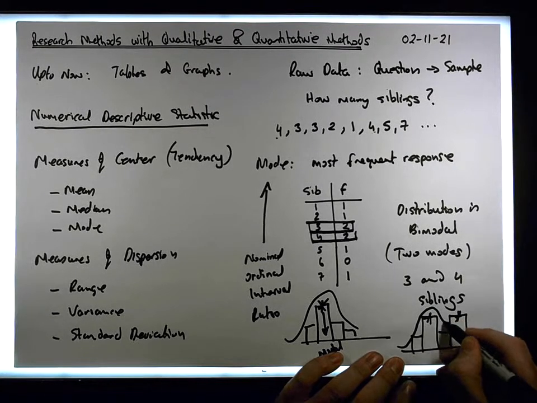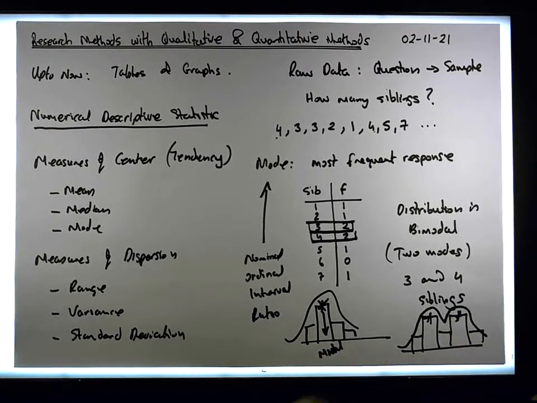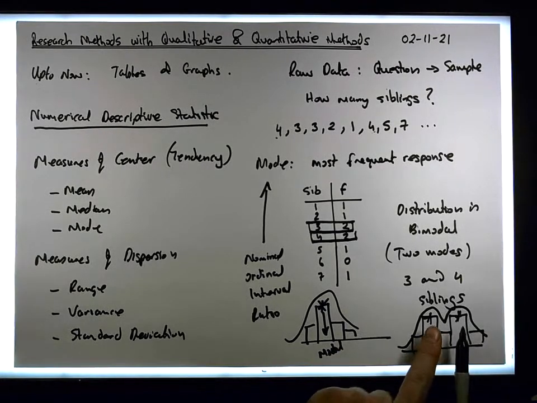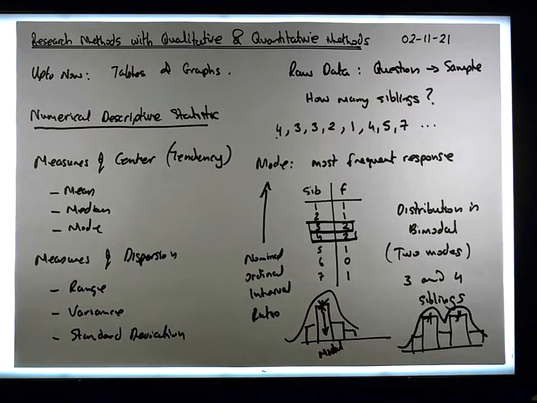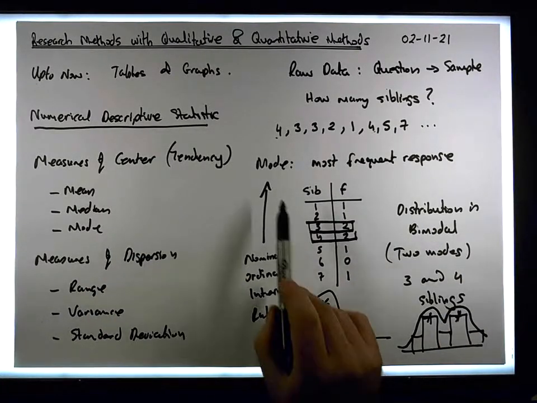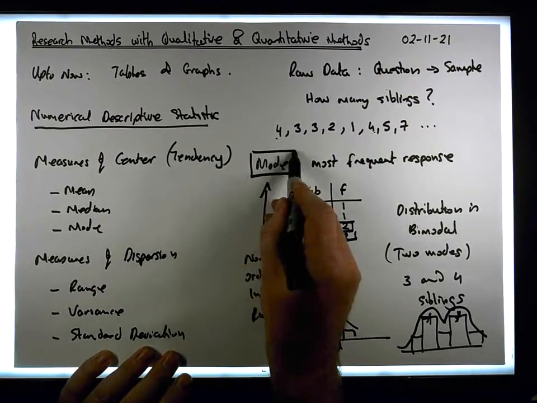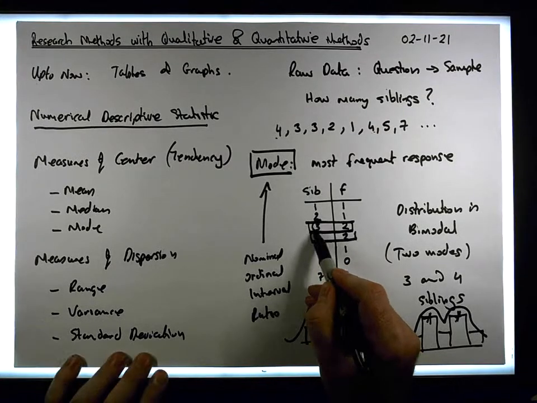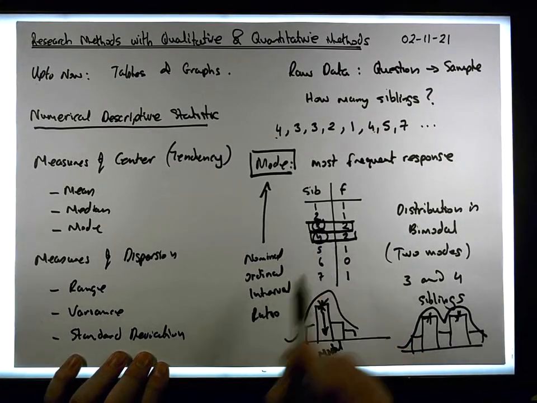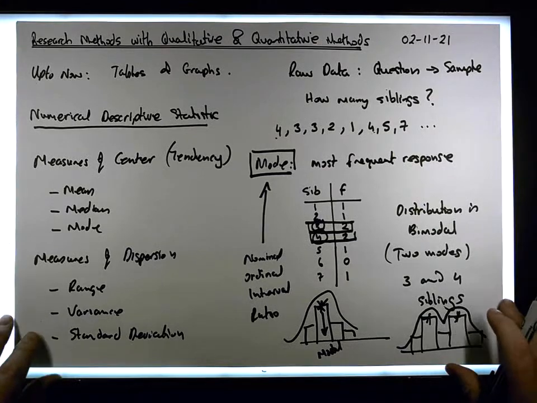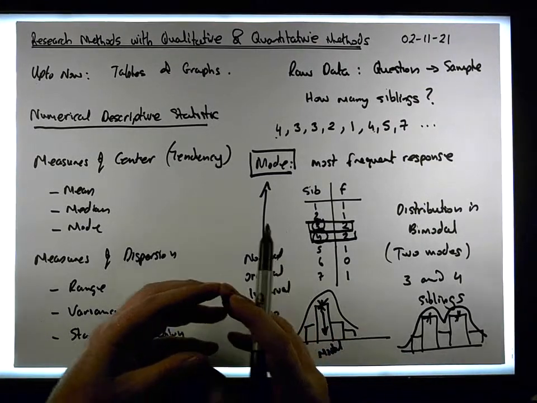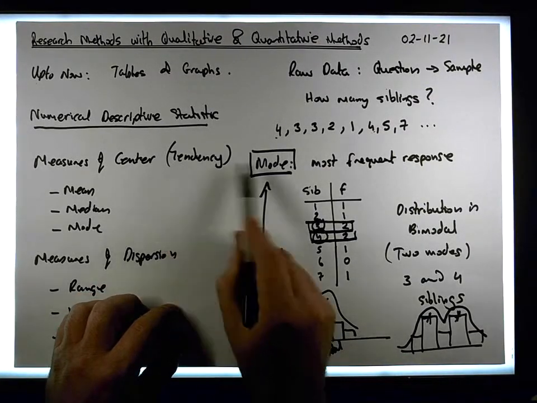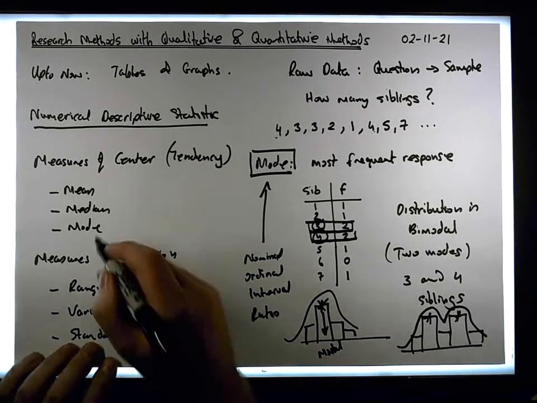Here's a curve that has 2 humps in it, to indicate the presence of bimodal characteristics. We can have 3 modes, 4 modes, 5 modes, and so on. So that's our first statistic, the mode. It's a numerical measure that gives us the actual response within our data set that occurs most frequently. And that response is a tendency. It's where people are tending towards. So that's our mode done.